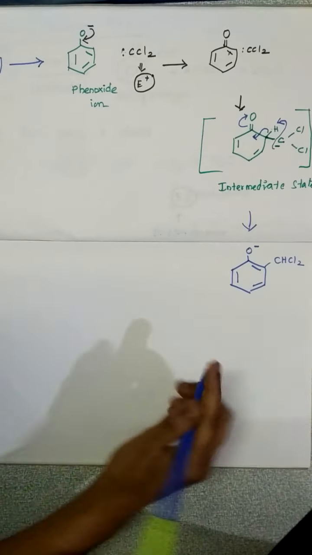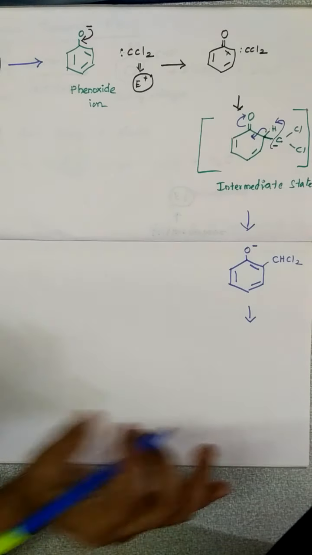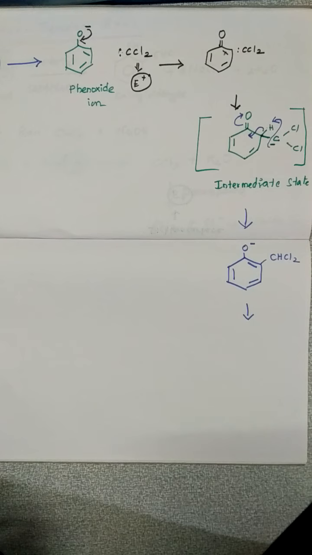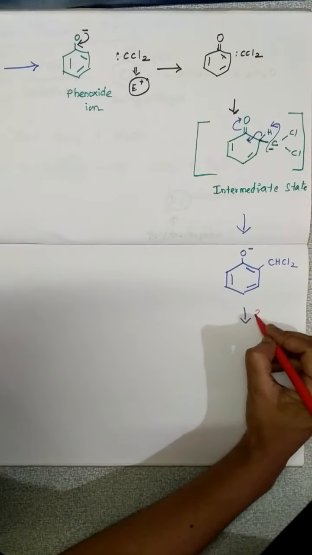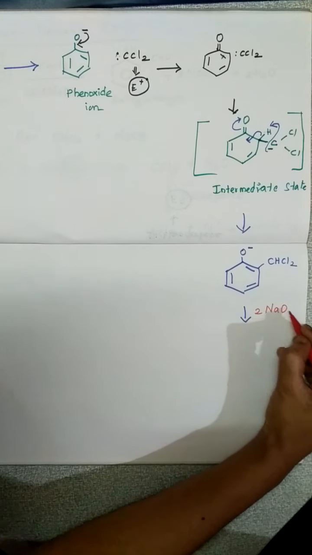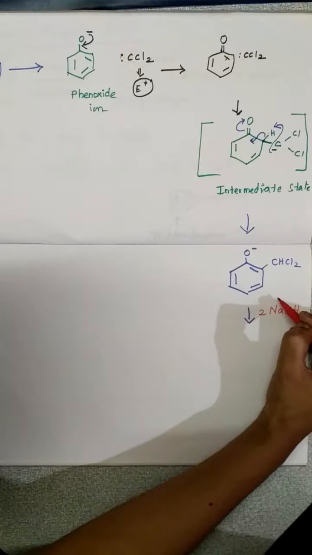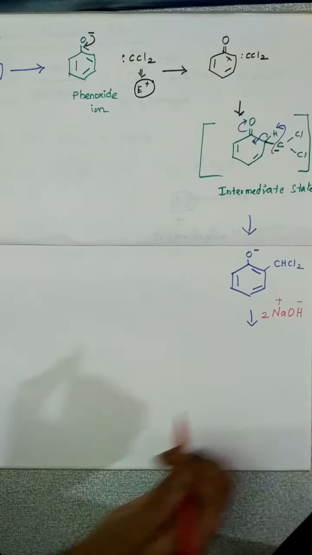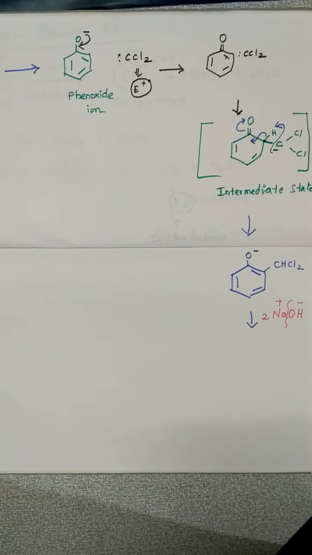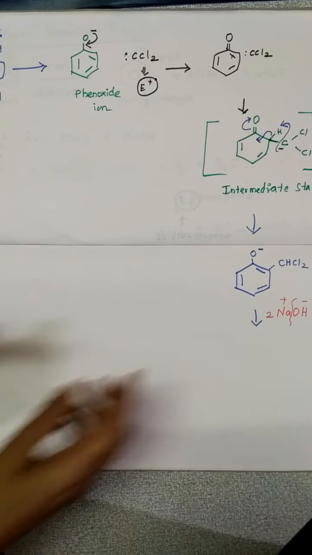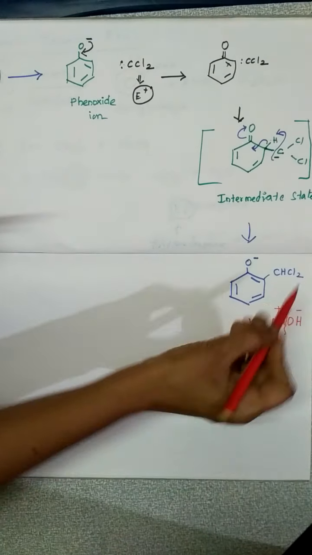At this stage I am going to introduce NaOH. How many molecules of NaOH? 2. So here I introduce 2 NaOH, which split into Na plus and OH minus. Here the CHCl2 is also a nucleophile, and OH is also a nucleophile.